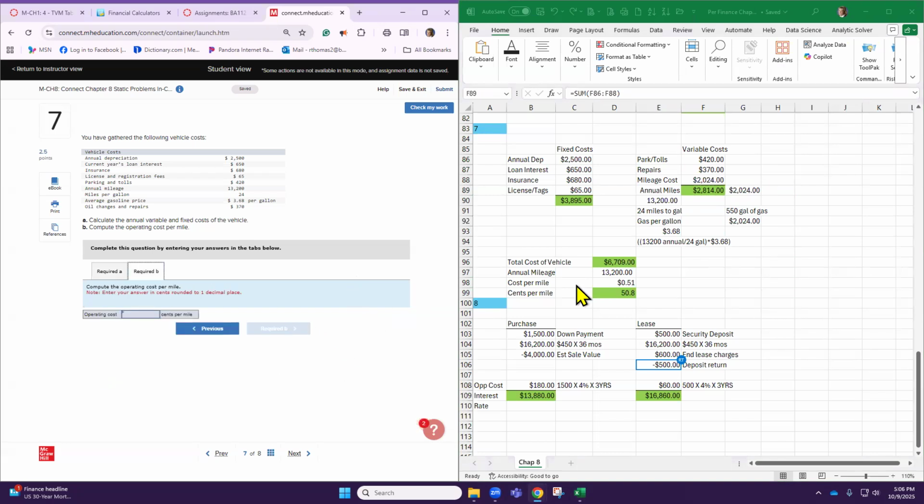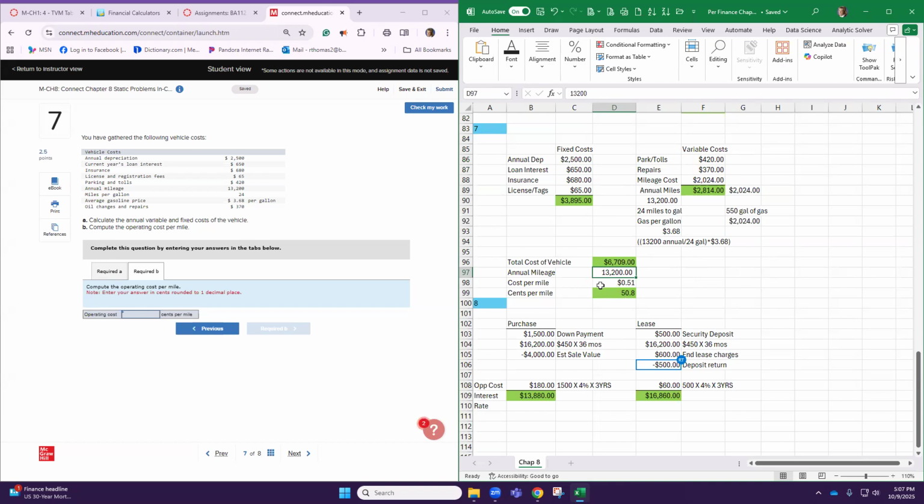Now that we have all of this, we're going to put it together. So we have a total cost of the vehicle. When you add those two green amounts, the fixed and the variable, together, it's $6,709 to travel that many miles with this vehicle.